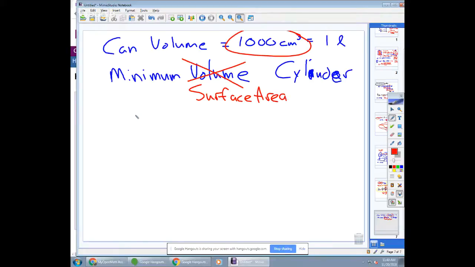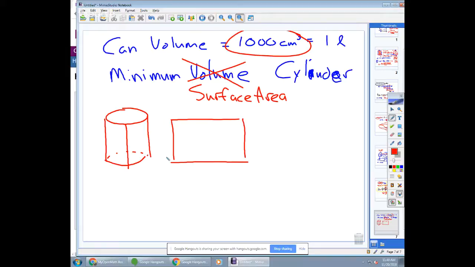Okay, so what's a can look like? Well, a can has a circular top, and it has this cylinder on the edge. And the cool thing about a cylinder is if you cut this and open it up, it's just a rectangle, right? The side of a can is just a rectangle. So important features of this can are that it has a radius and a height. The volume is going to be the area of the base, which is pi r squared, times the height.